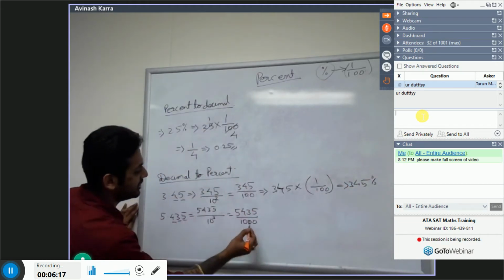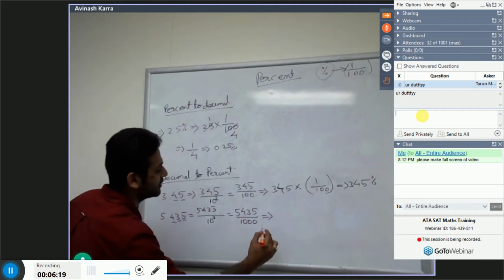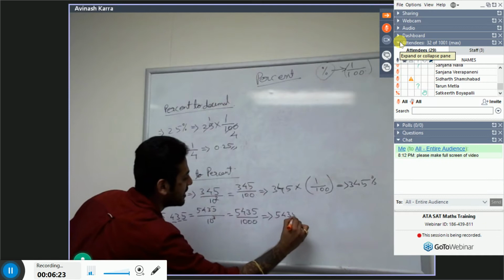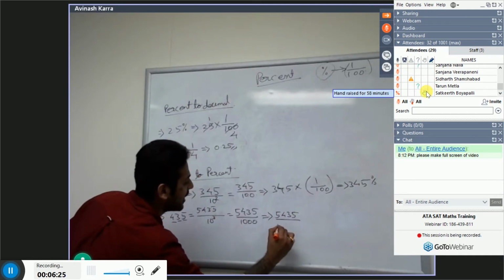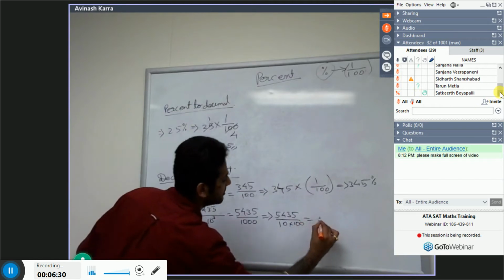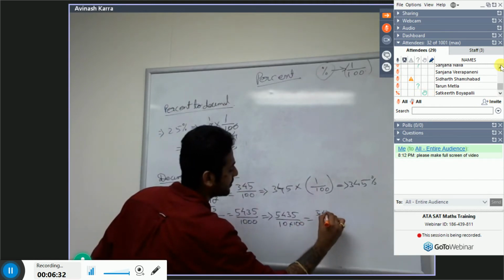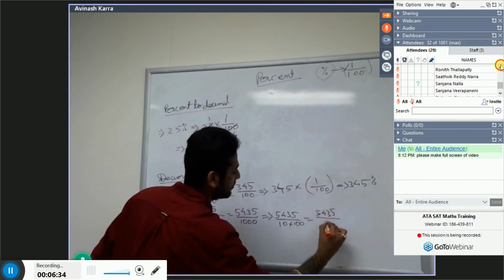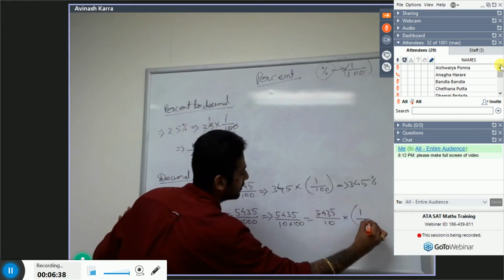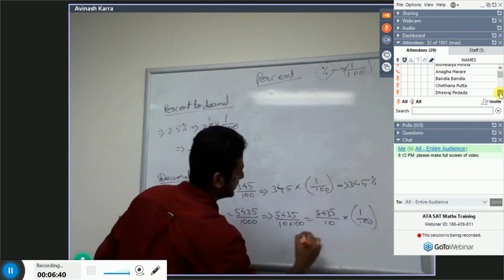In the same way, if you want to simplify this, 5435 divided by 1000, I can write 1000 is equal to 10 into 100, right? So 5435 divided by 10 into 1 by 100. What is 1 by 100? Percent.